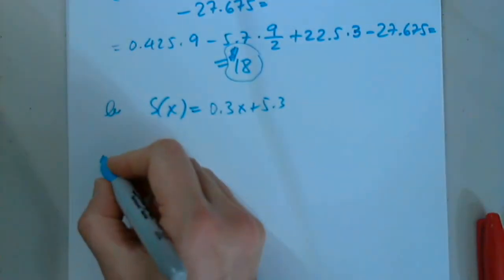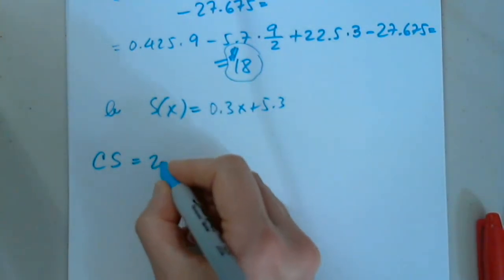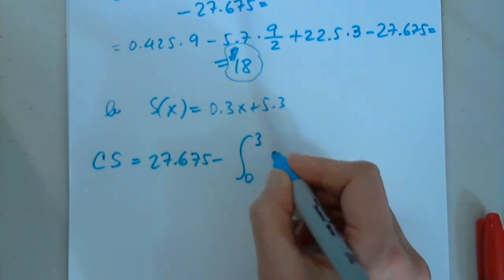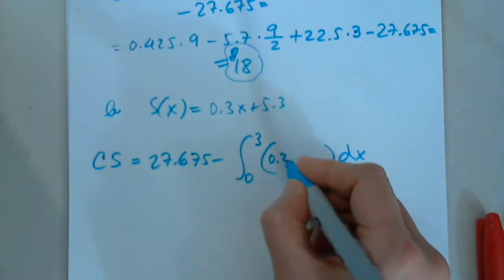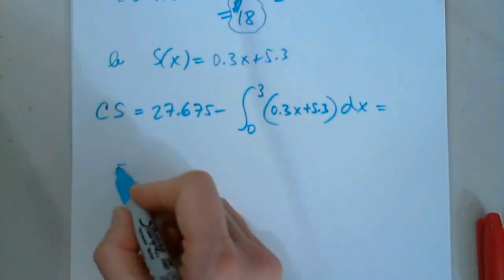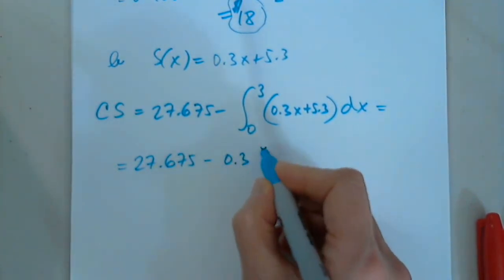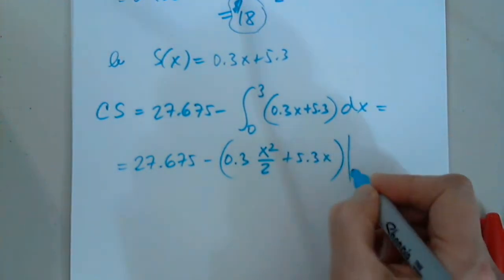Okay, so then the producer surplus is 27.675 minus the integral from 0 to 3 of this function, dx, which is 0.3x plus 5.3. So let's see what they are getting. 0.3x squared over 2 plus 5.3x from 0 to 3.